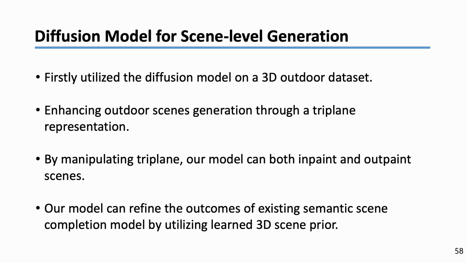Especially by manipulating triplane features during the diffusion process, we achieve seamless inpainting at both the object and scene levels, and through outpainting, we extend the scene from the fixed size to city-level scale. And finally, our model is used to more closely align the predicted scenes of existing semantic scene completion models with the actual data distribution using our learned 3D prior.